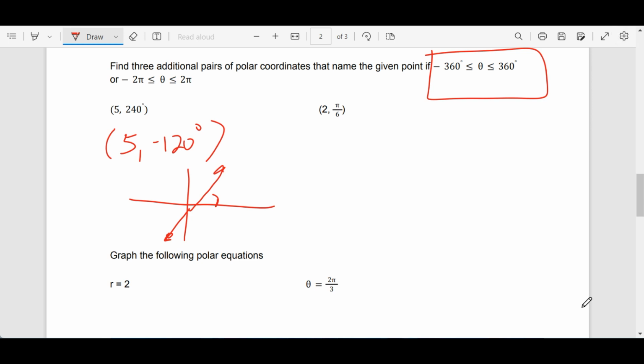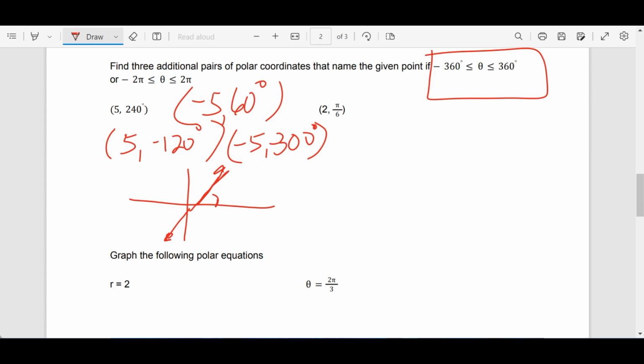Well, if we subtract 180 from 240, we will get what this value is right here. So that would be 60 degrees and negative 5. Now, if I subtract 360 again, I'll get to the same value, so it'll be (-5, -300 degrees). Cool.